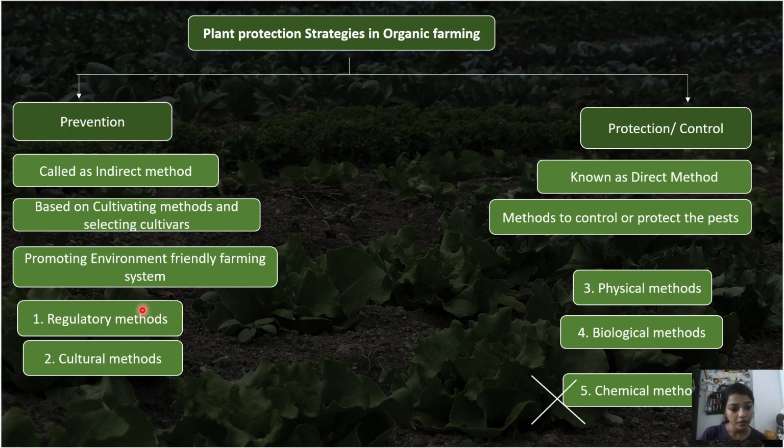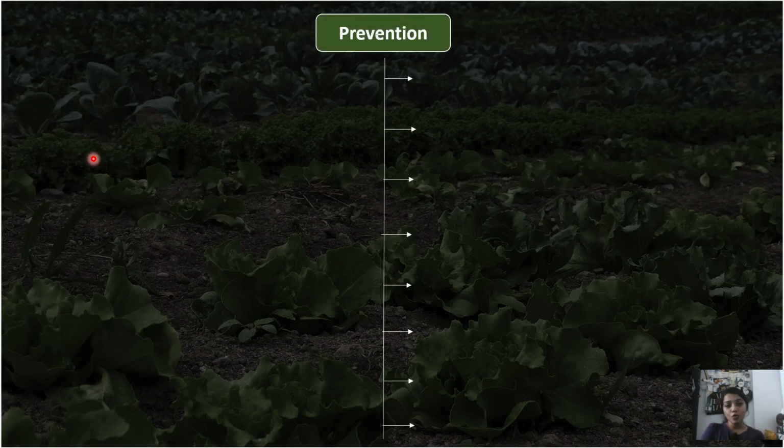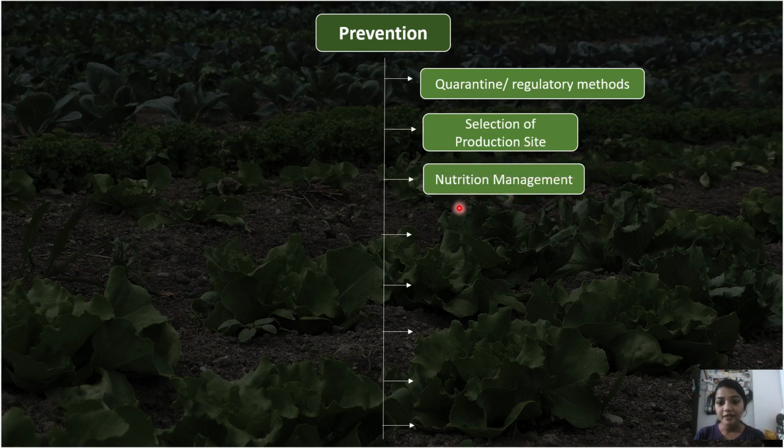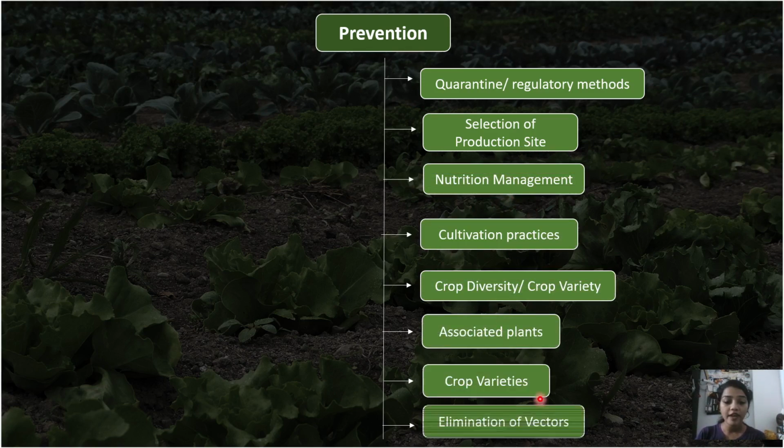So today we will start with the prevention part, where we will understand what are the various strategies that can be used to prevent certain diseases, right? So now the prevention part we can put into these subtitles, that is the quarantine or regulatory methods, selection of production site, nutrition management, cultivation practices, crop diversity or crop variety, associated plants, crop varieties and elimination of vectors.